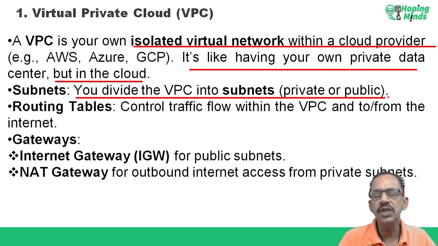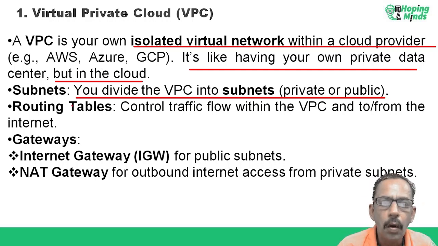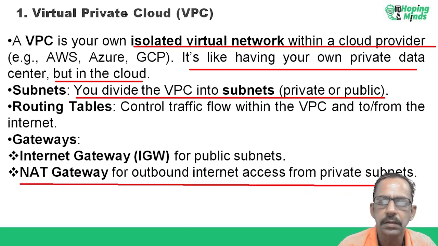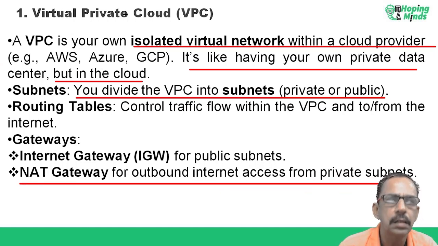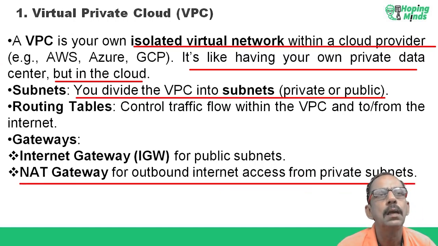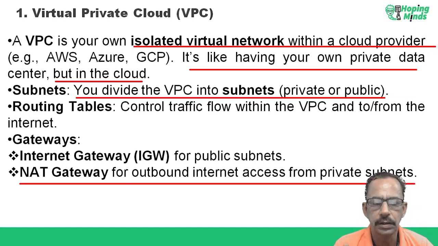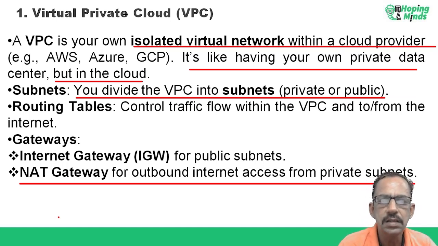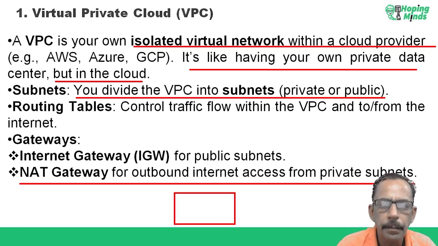And the NAT gateway is used for private subnets. In some cases, we have to do a patch update or software update. In that case, the server in the private subnet needs access to the internet.